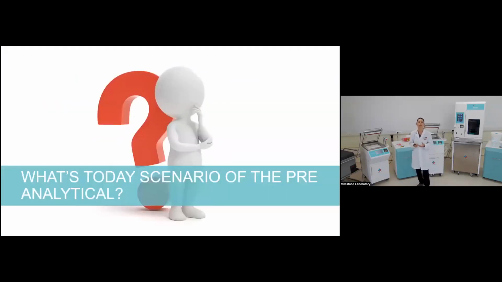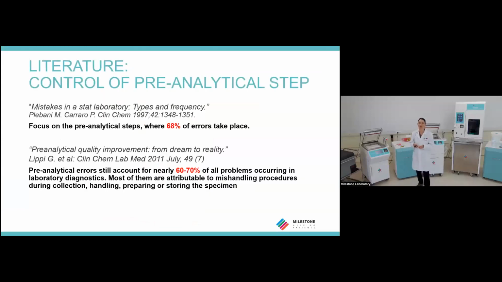Let's focus on the pre-analytical. For many years in the literature, the authors have talked a lot about this theme because it's very important. There are many articles. Here I have reported some examples.